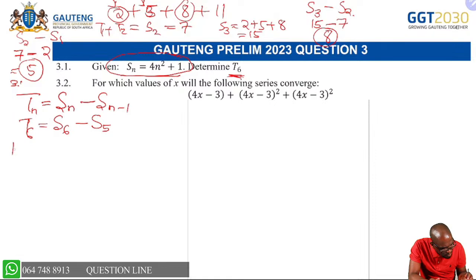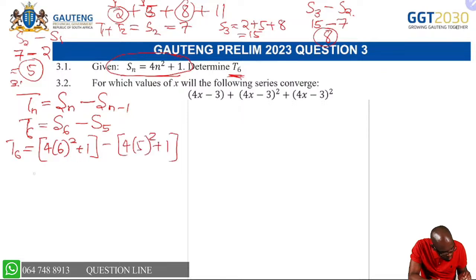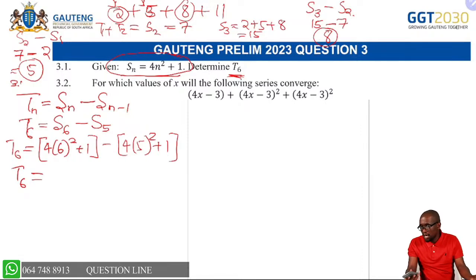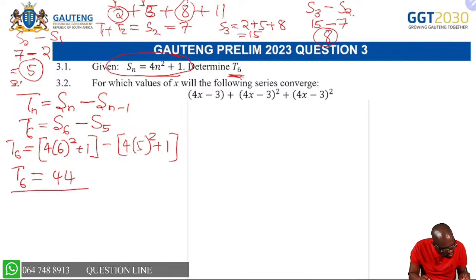So now for the sum to 6 terms, we can substitute on n. Where we see n, we put 4 into 6 squared plus 1. Subtract S5, that would be 4 into 5 squared plus 1. Now, if you put everything in your calculator, you're going to get that T6 is equal to 44.